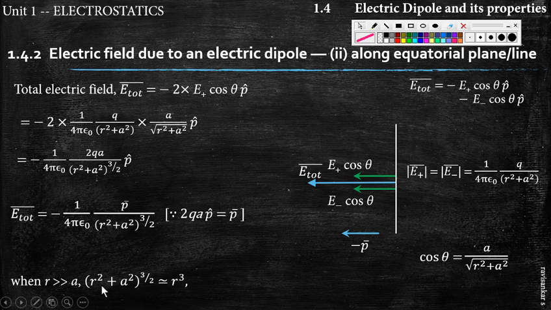It can be neglected. So you'll be left with R squared whole power 3 by 2. So we have a power over another power. You have to multiply them. So it's R power 2 into 3 by 2. The 2 and 2 get cancelled, so you are left with R cube. So you have an R cube in the denominator. All other things remain, and finally therefore the answer is E total vector is equal to minus 1 by 4 pi epsilon naught P vector divided by R cube.